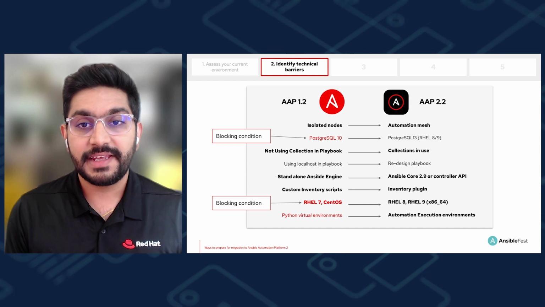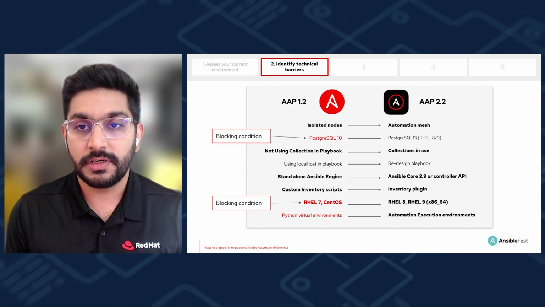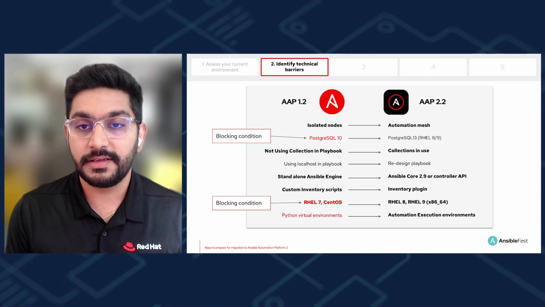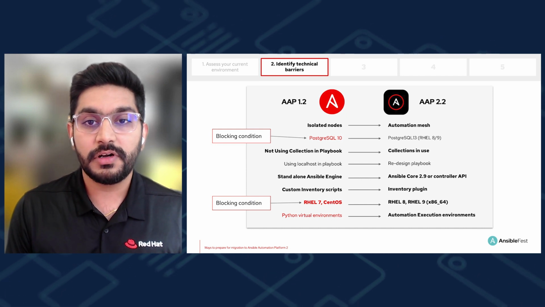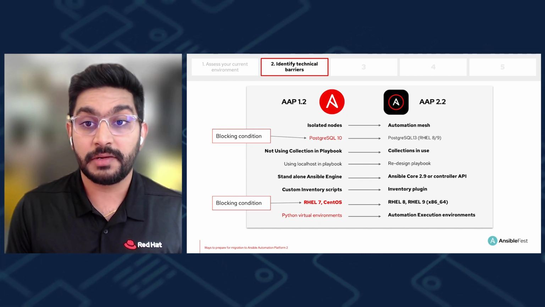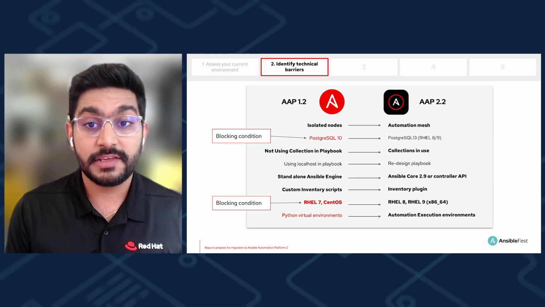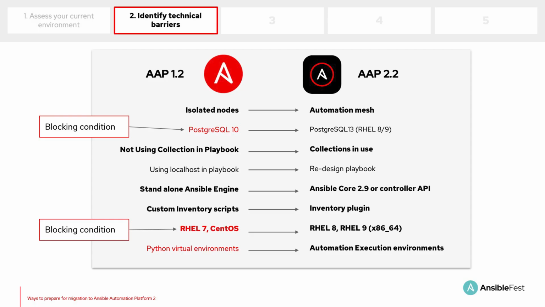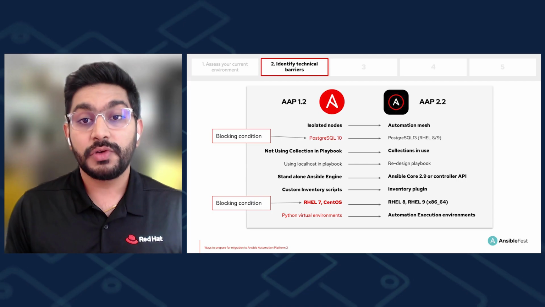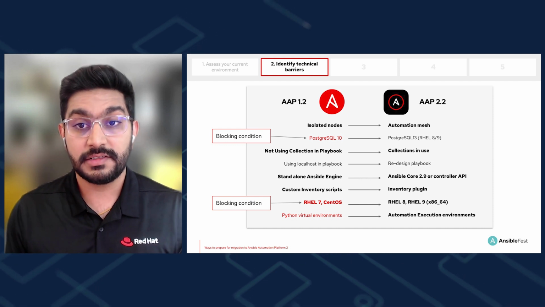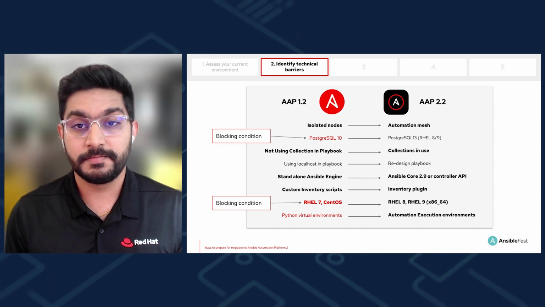Ansible execution environments can be distributed via private automation hub, which acts as a container registry and can be used as the default registry to supply execution environments to the automation controller, as well as to download execution environments to the individual user machine to create automation content against or using Ansible Navigator. We have also explained a way to convert Python virtual environments to automation execution environments in the migration reference architecture. We'll cover that in the resources section.